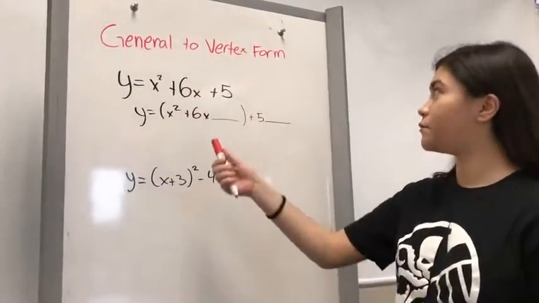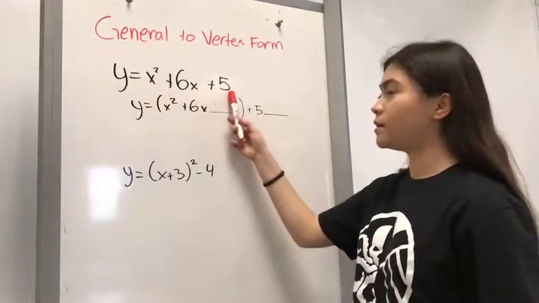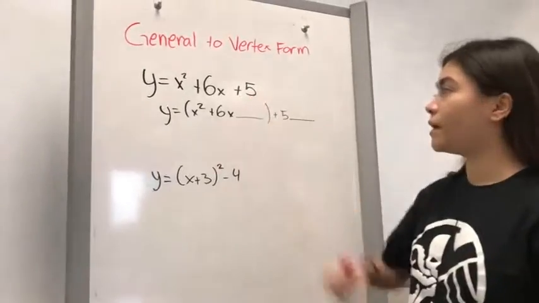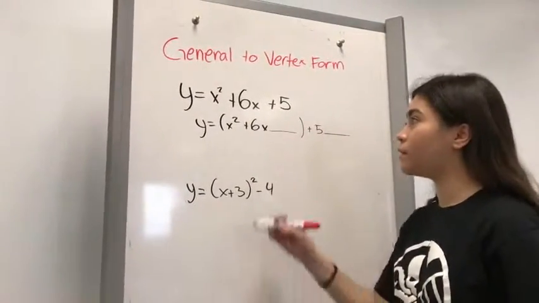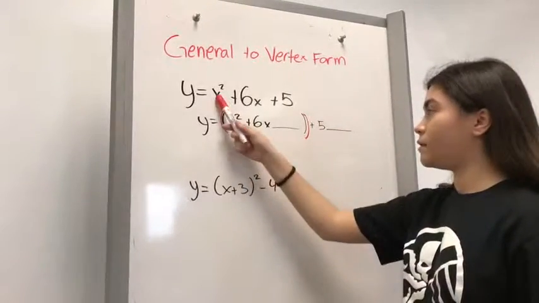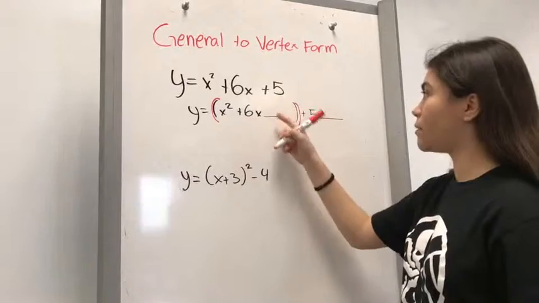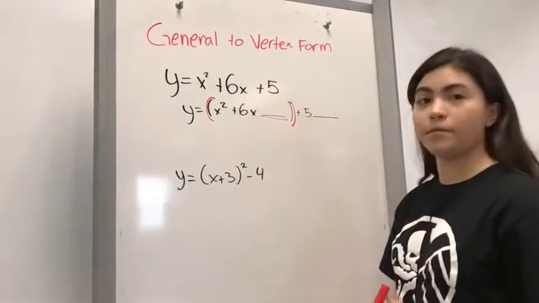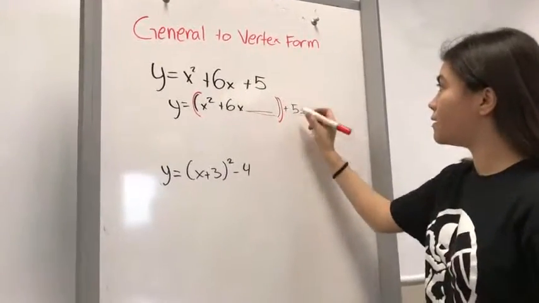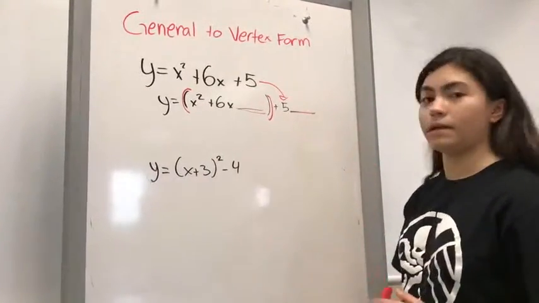To convert from general form to vertex form, we first have to look at our equation. This is our original equation, and what we are going to do is open a parenthesis and write our x, our second term, and then for the third term we open a line and leave it blank, then close the parenthesis, move to the right, and open a second line.